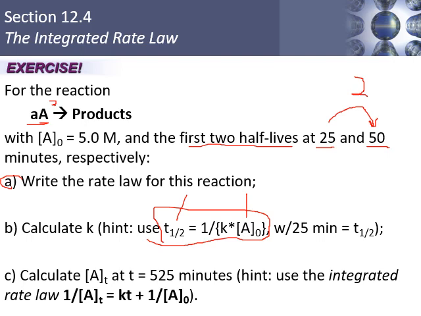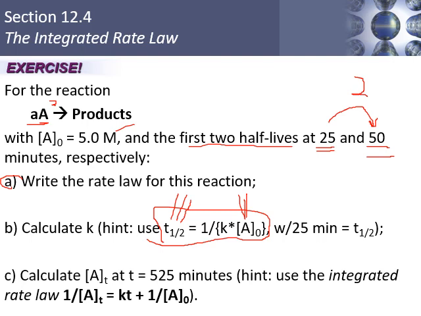So if you want to use the first half-life here, you can, and that one is 25 minutes. So you would put 25 minutes there. And then for your A naught here, you would put 5 moles per liter. So just put 5 moles per liter here and put 25 minutes here and solve for K, which means you're going to have to do some algebraic rearranging, which I'm going to assume that you know how to do by now.